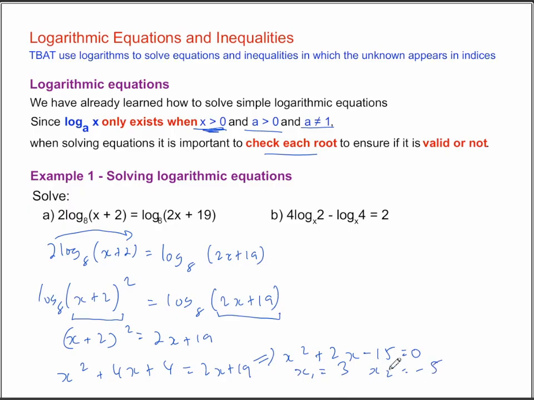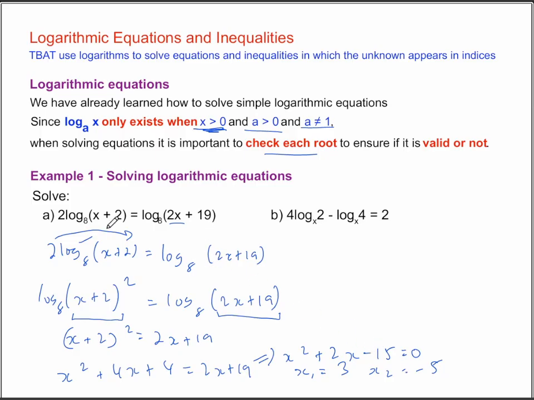So here we have to check if each of these values goes with the conditions that we need. We'll substitute our x's into these and check if we are taking a log of a positive value. If we try 3, we are taking the log of 3 plus 2, which is just 5. So that's okay, because it's positive. And on this side, if we put 3 in here, we get 2 times 3, which is 6, plus 19, which is 25, which is again positive, so it's okay.